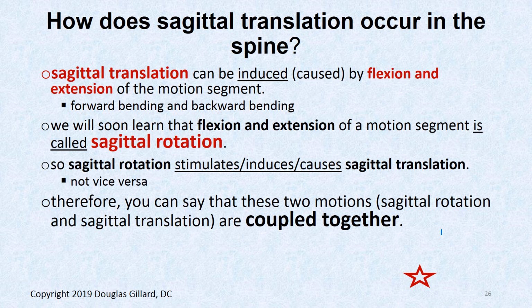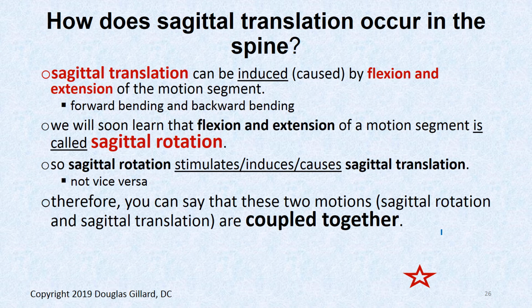And it could be vice versa. Some people, when they bend forward, their bone slides forward. Some people bend backwards and the bone slides backwards. It's not always one direction. It could be either direction. But nevertheless, there is a sagittal translational force caused when you bend forward and bend backwards.